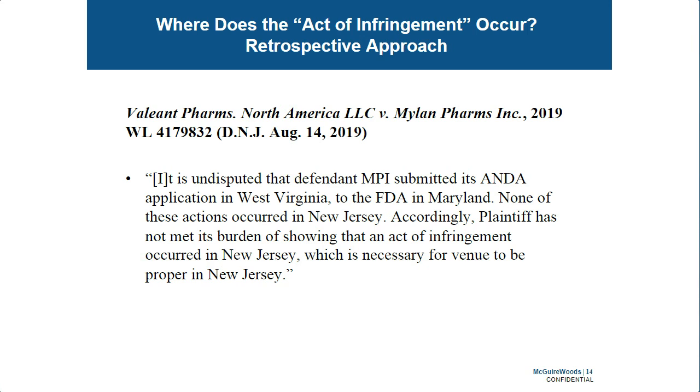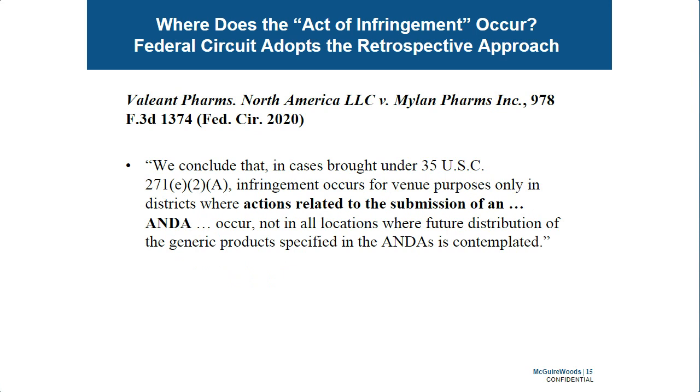So what did the Federal Circuit do? The Federal Circuit adopted the retrospective approach. Okay, so in this case, the Federal Circuit said that we conclude that in cases brought under 35 U.S.C. 271(e)(2)(A), infringement occurs for venue purposes only in districts where actions related to the submission of an ANDA occur, and not in all locations where future distribution of the generic product specified in the ANDA is contemplated.